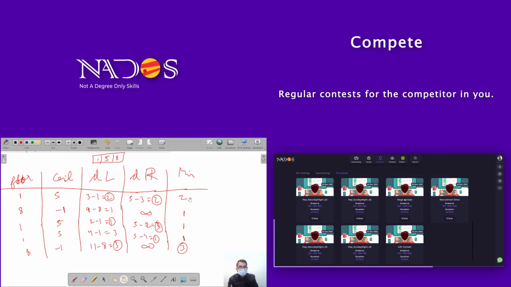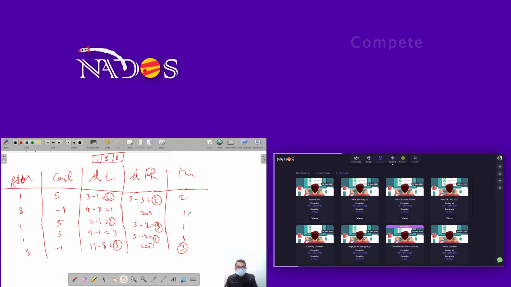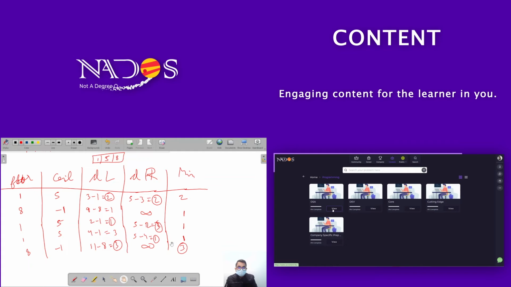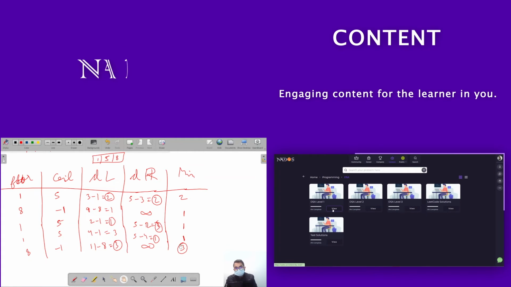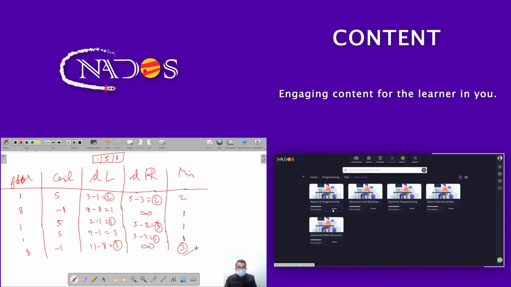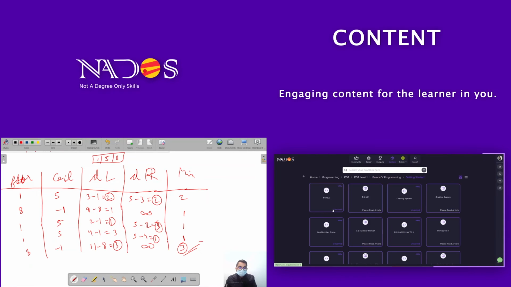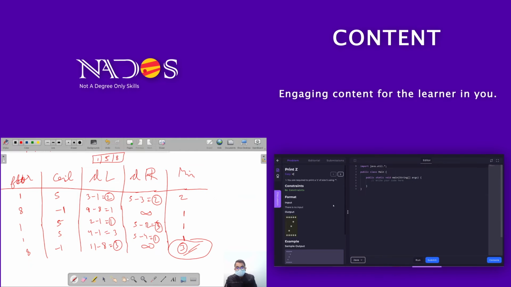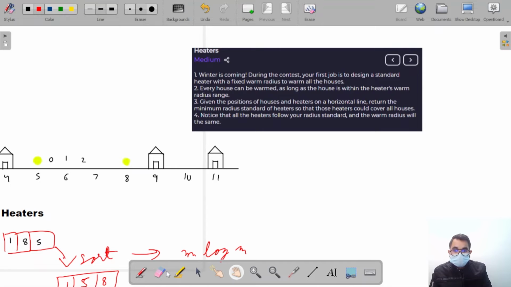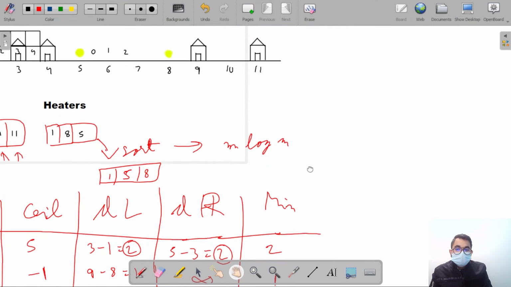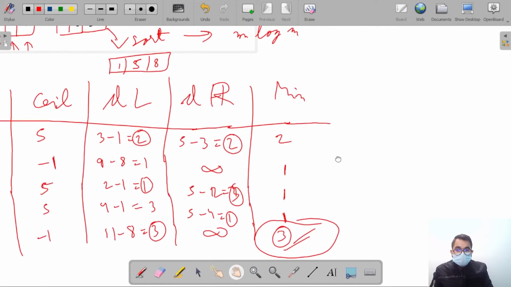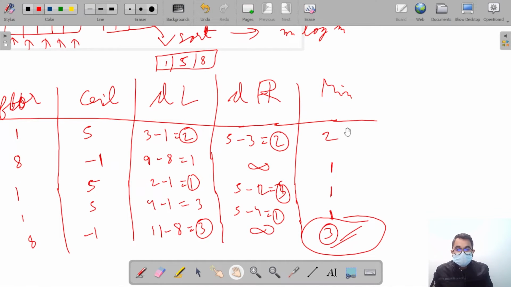Among these minimum distances from all the houses, I will find the maximum distance, so that I can create a standard minimum radius for all heaters, because all heaters have the same heating radius. In that radius all the houses will be warmed.